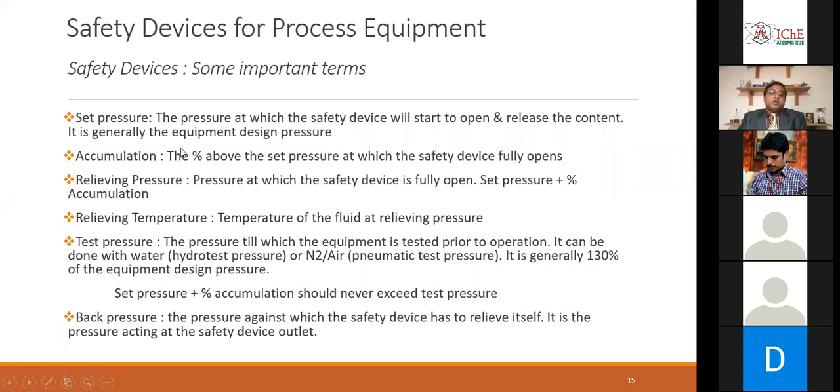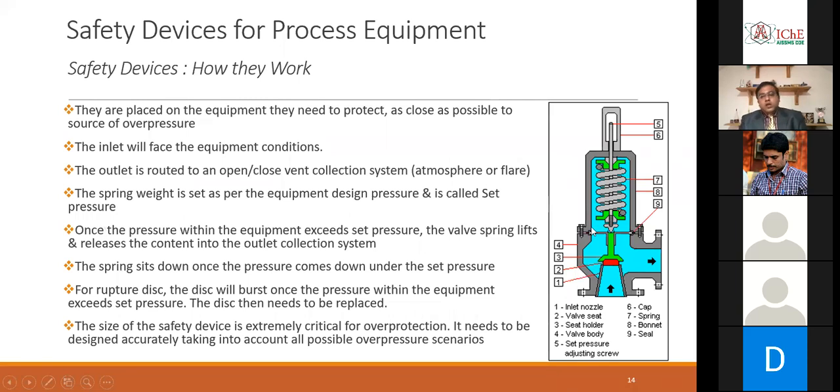Accumulation is the percentage above the set pressure at which the safety device fully opens. If I go back here, if my set pressure is 10, the moment it reaches 10.1, it will not open fully. At 10.1, maybe it will move only up to this and release.